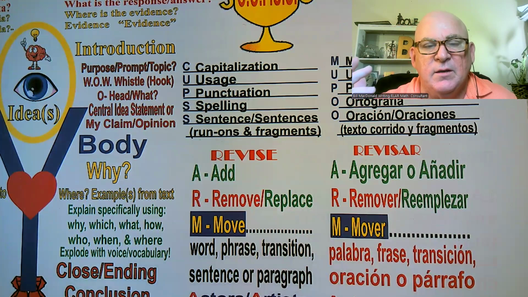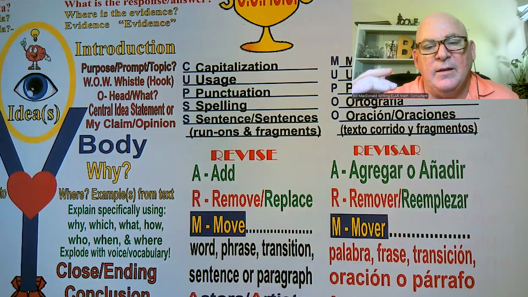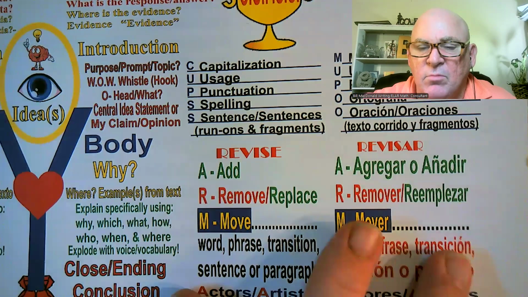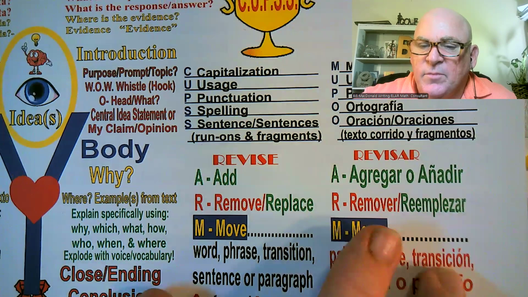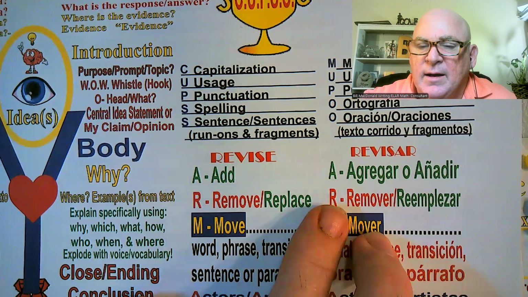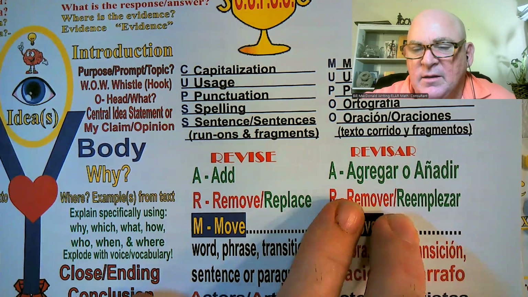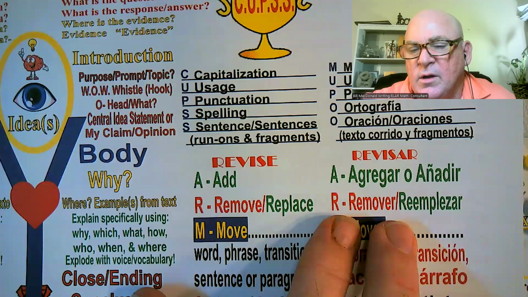Crema, same thing. Combinar, remover, reemplazar, eliminar, mover, y añadir o agregar. So the Spanish ARM, if you wanted to stick to these dual language folders, is what are your students adding, removing, replacing? Agregar o añadir, verde. Remover, rojo.